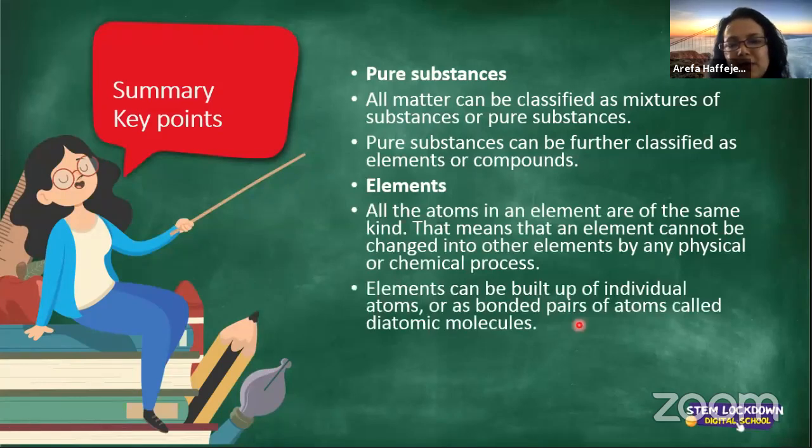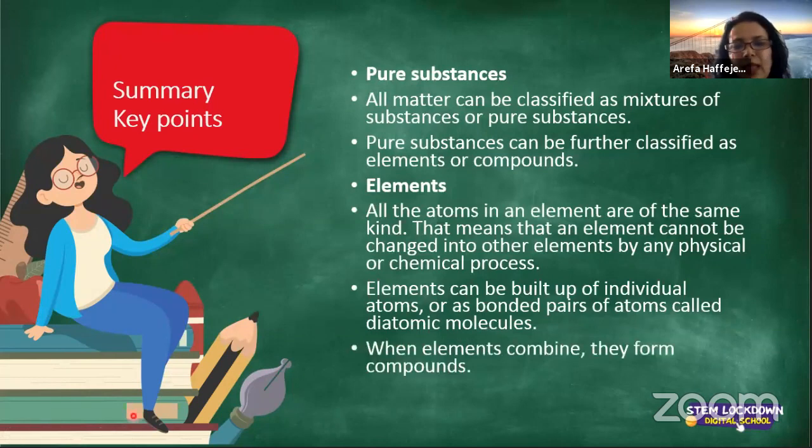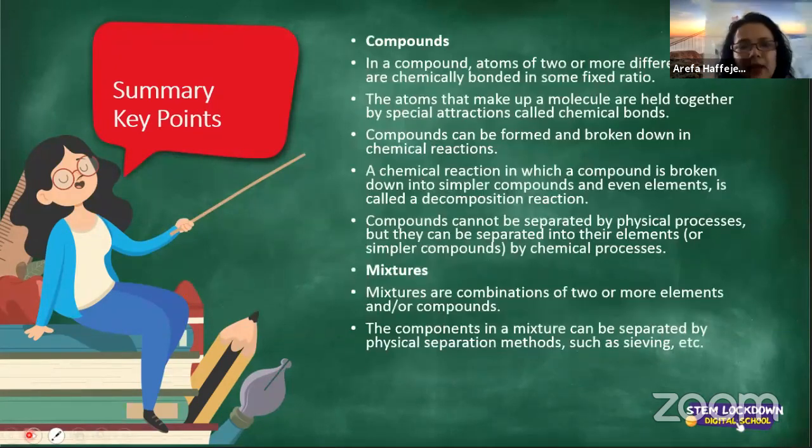Elements can be built up of individual atoms or bonded pairs of atoms called diatomic molecules. When elements combine, they form compounds. We also learned that in a compound, atoms of two or more kinds are chemically bonded in a fixed ratio.